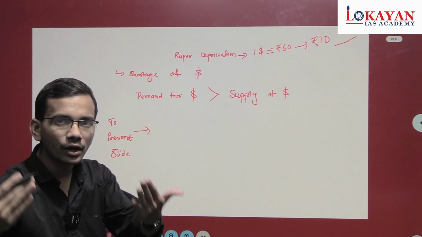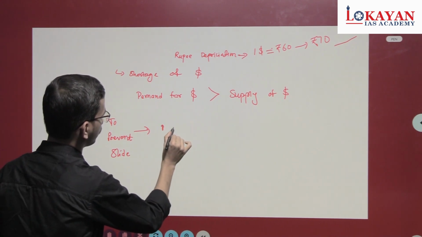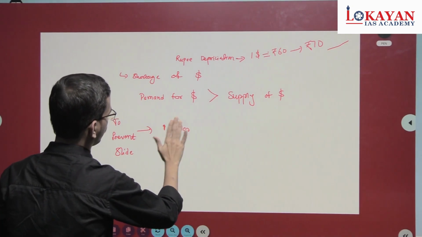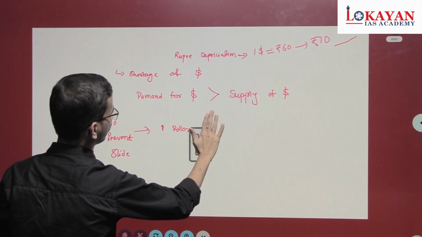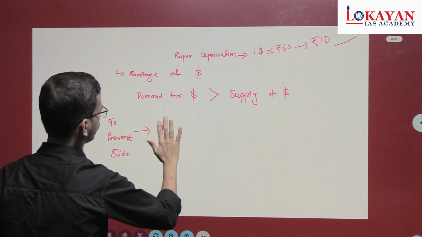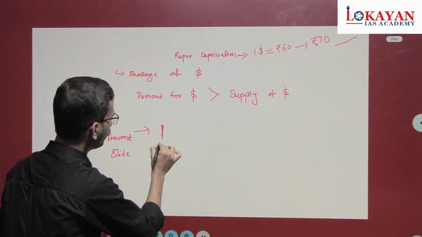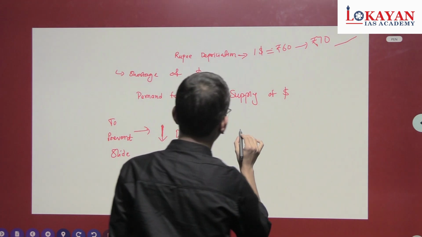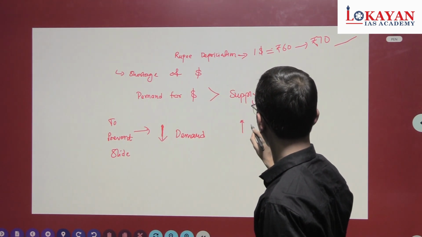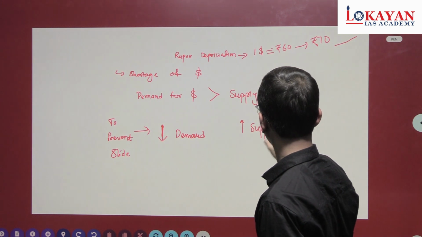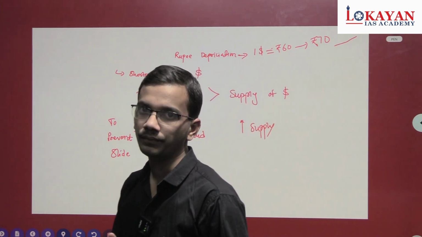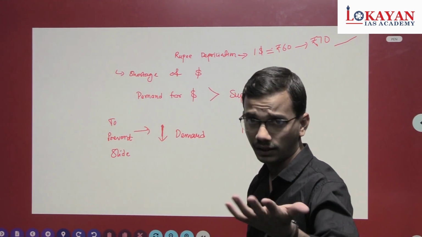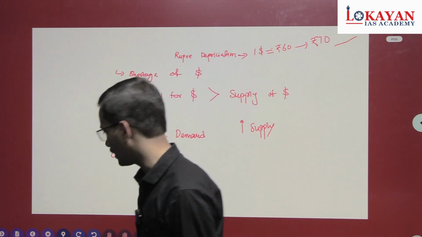We have to reduce the demand and increase the supply of dollar. So now, okay, we have to stop this further sliding of rupee. Let's go statement by statement.